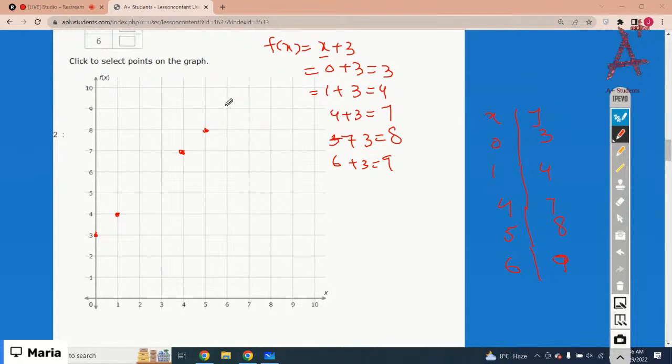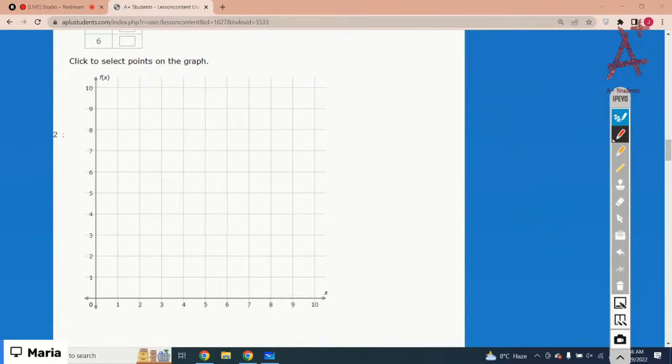X is 6, y is 9. So just join all these points to make a line. Got it? That would be the line of the graph. Got it? Let me just move on to the next example.